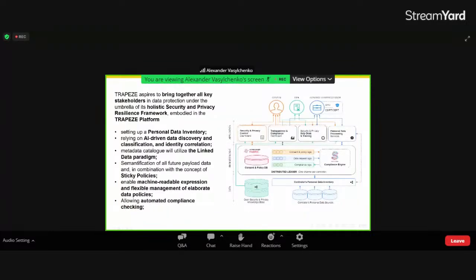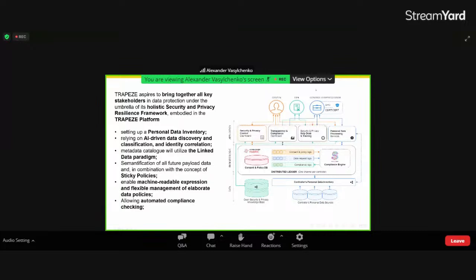So how do we work on this aspect? We are bringing 3 main stakeholders within data protection under one holistic security and privacy resilience framework called the TRAPPIST platform.